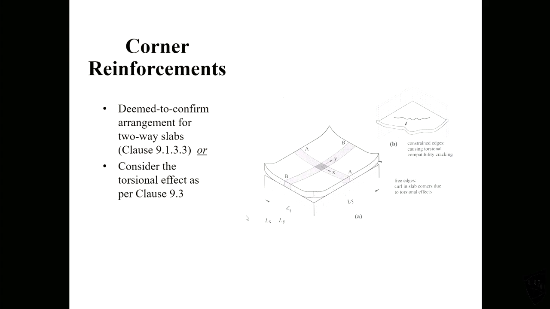So in the corner panels, you need some extra reinforcements. They explain in 9133. So it comes under the detailing. I will explain that once we did all the design in the drop-in session.